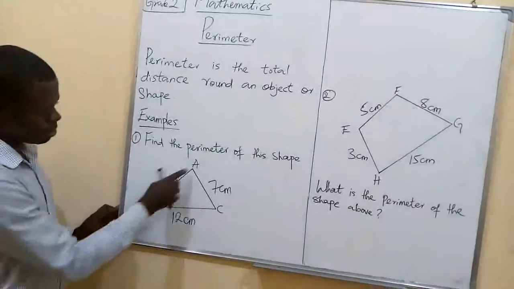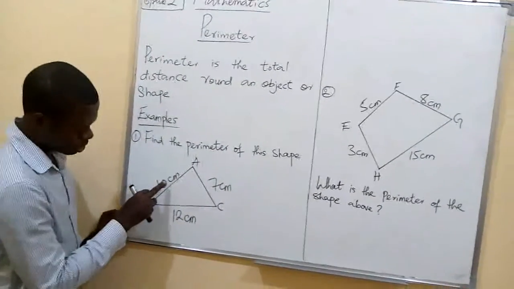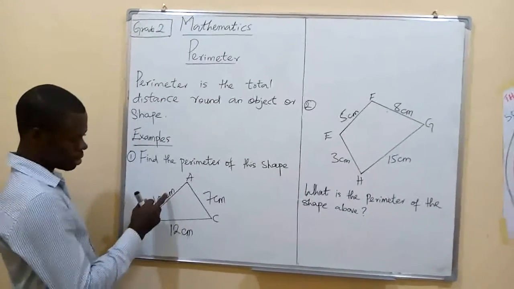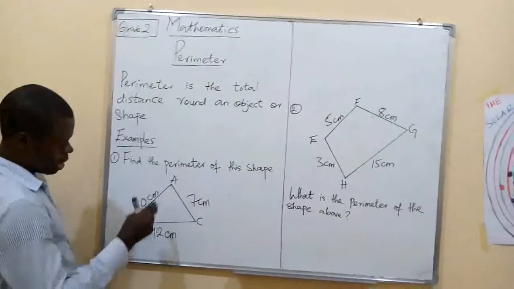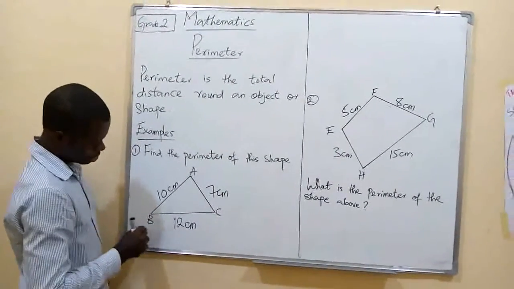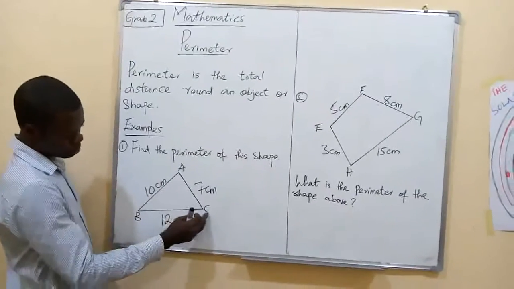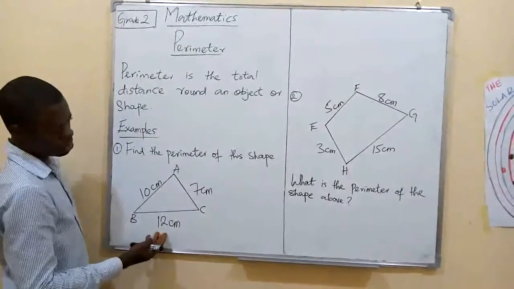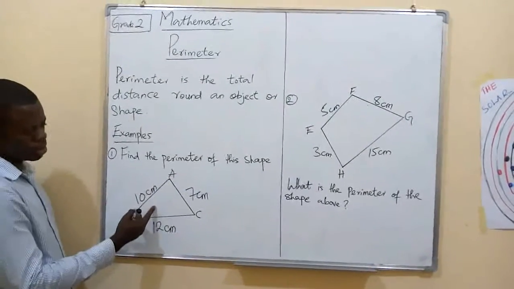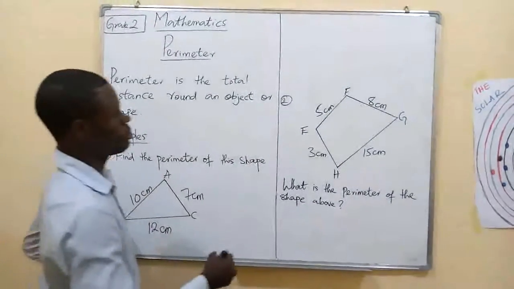AB has been measured to be 10 centimeters, and AC has been measured to be 7 centimeters. BC also has been measured to be 12 centimeters. Now, what is the perimeter of this triangle?